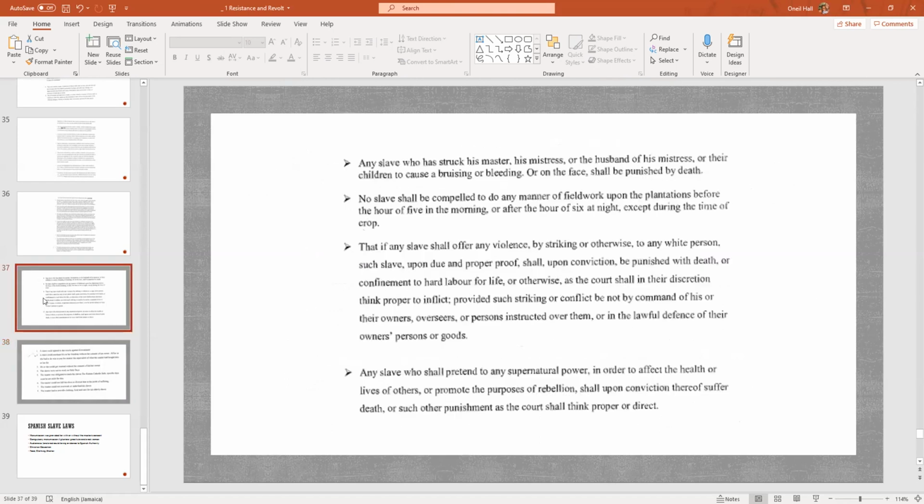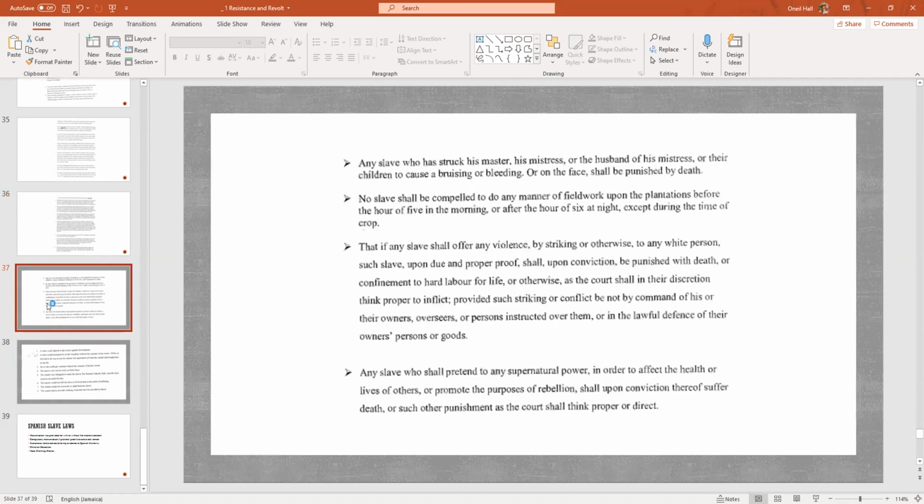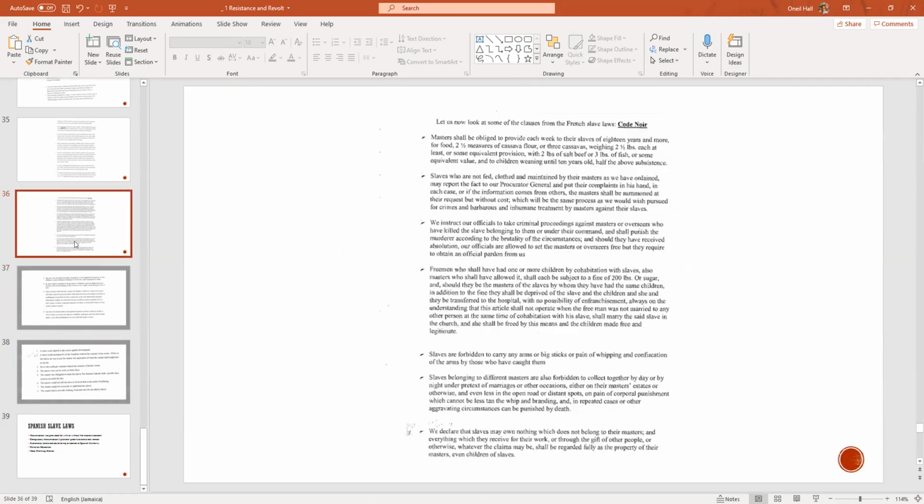Let us see if there was such a rule for the French, I should say. So that was the Spanish. Let us look at the other one, the part about Christianity, or the whip.